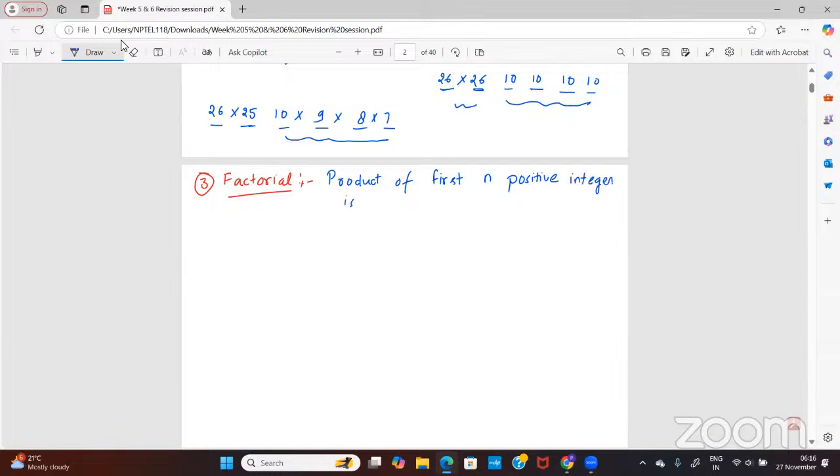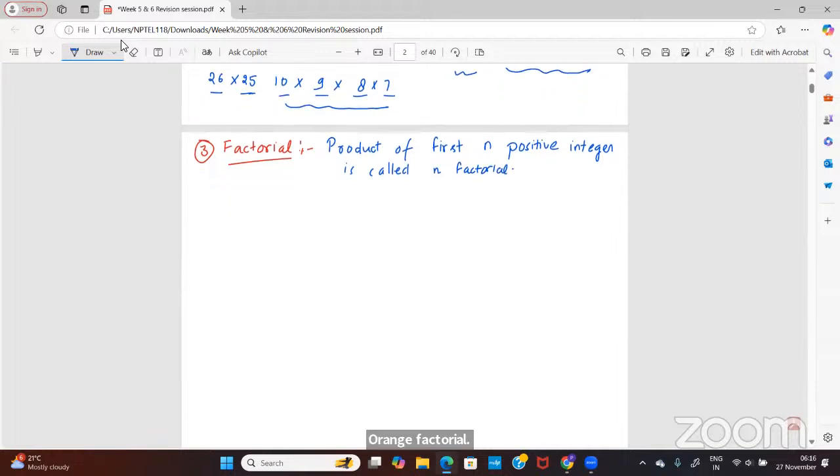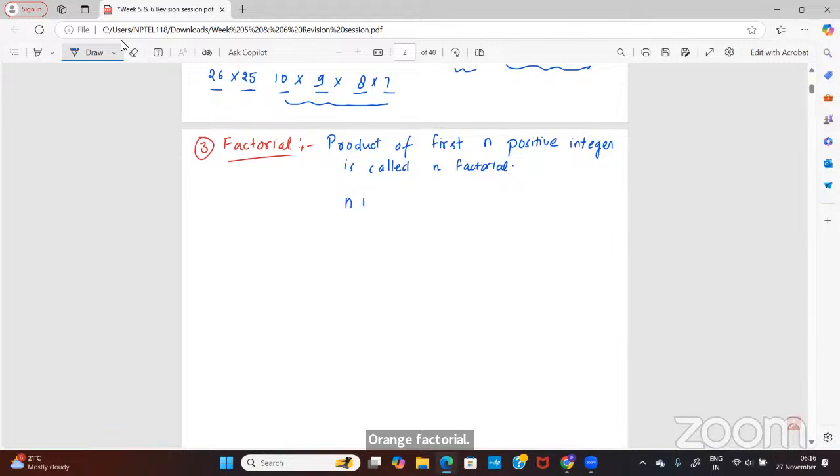It is called factorial n or n factorial. So n factorial is equal to n multiplied by n minus 1, then n minus 2, up to 3, 2, and 1. Is it clear? This is the formula for factorial.